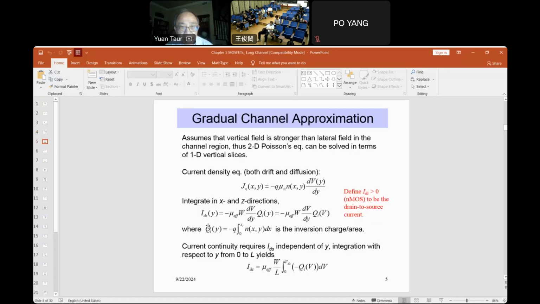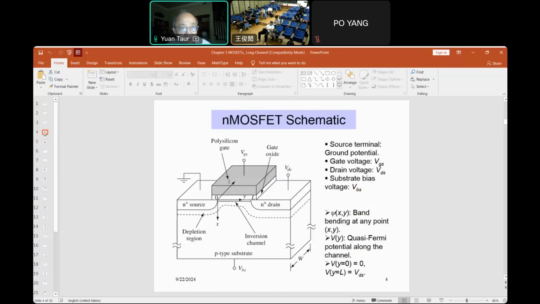Okay. So for the model, we have to make many approximations. The first approximation we make is the so-called gradual channel approximation. In principle, this potential is a function of x and y.